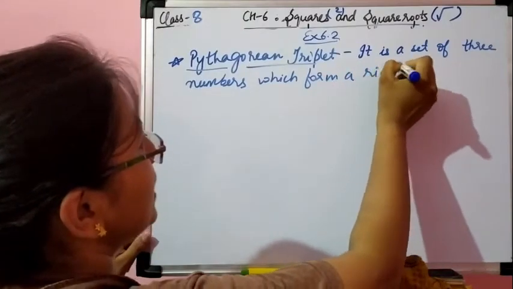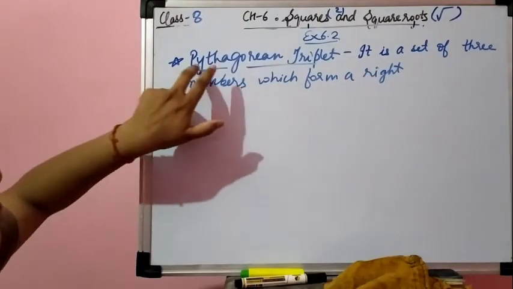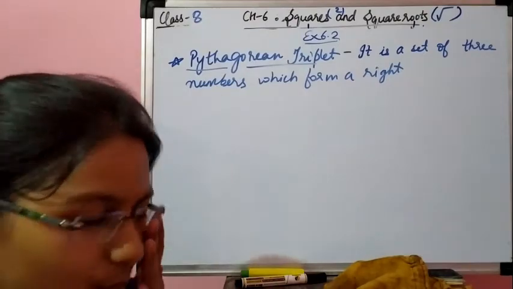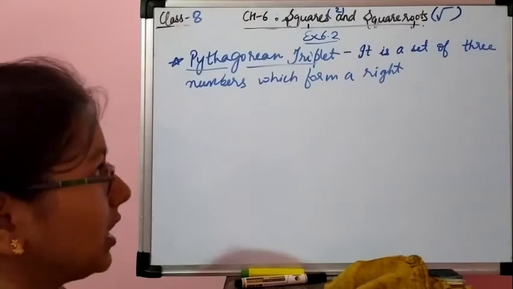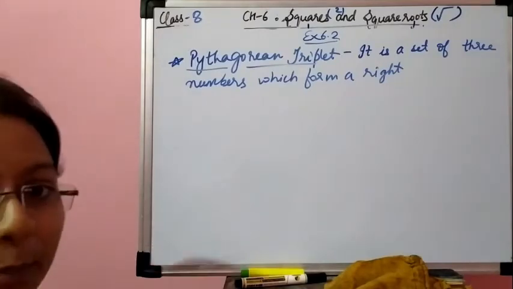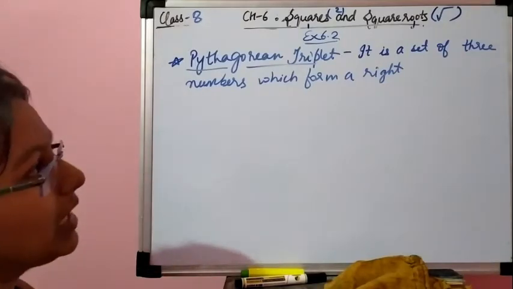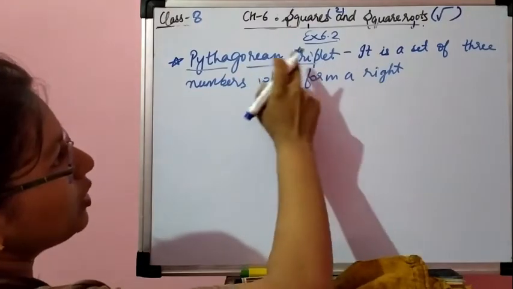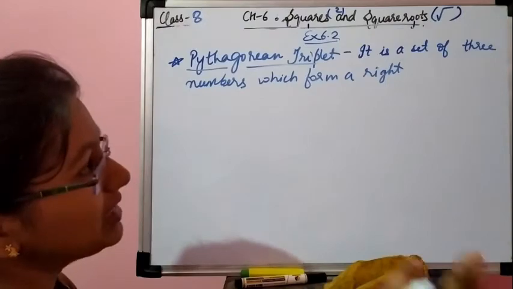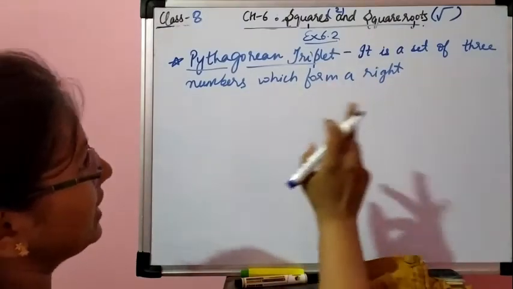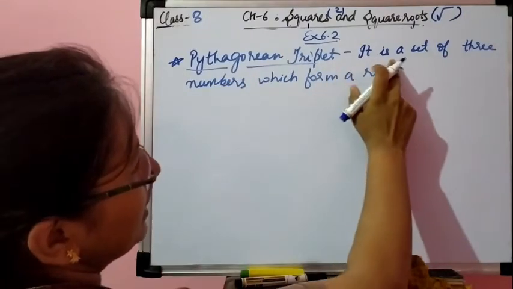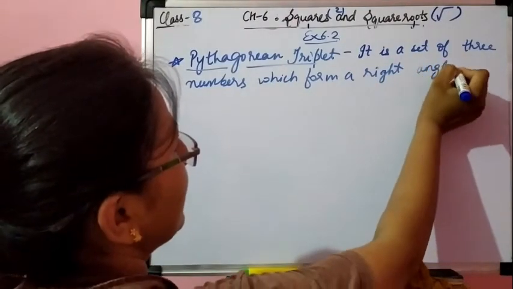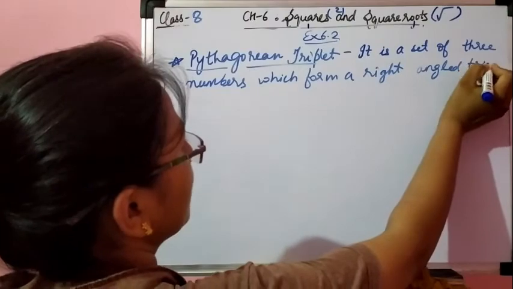You can understand that the word Pythagorean is definitely coming from Pythagoras. Pythagoras theorem you have studied, and we know that Pythagoras theorem is applicable only for right angle triangles. Similarly, a Pythagorean triplet, triplet means three numbers, is a set of three numbers which form a right angled triangle.